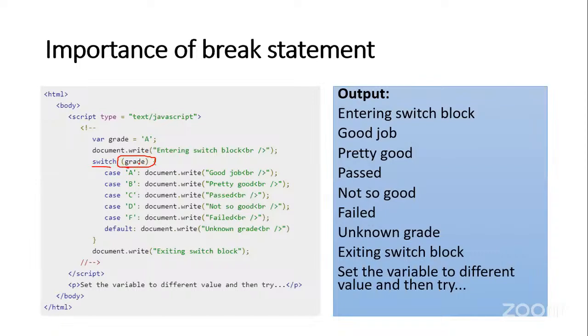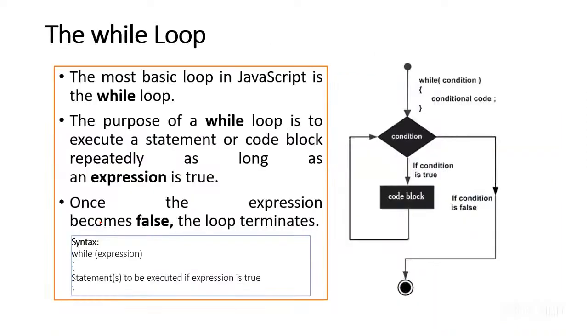Whatever value it has is going to be compared with all the cases. Whenever all the case values are not matched with the switch value, then it goes to the default. Got it, sir. Thank you.